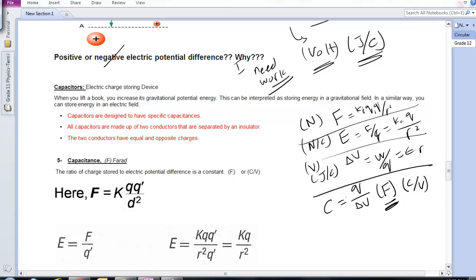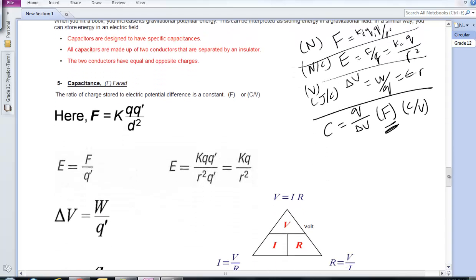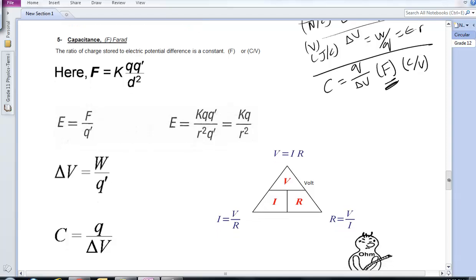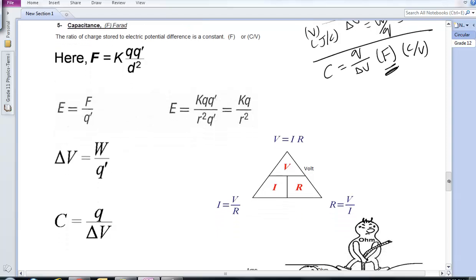Just write the formula Q over delta V and say the formula in words. It is the ratio between the electric charge and the electric potential difference. So the capacitance is the ratio between the charge stored and the electric potential difference, which is measured in farad or coulombs per volt.